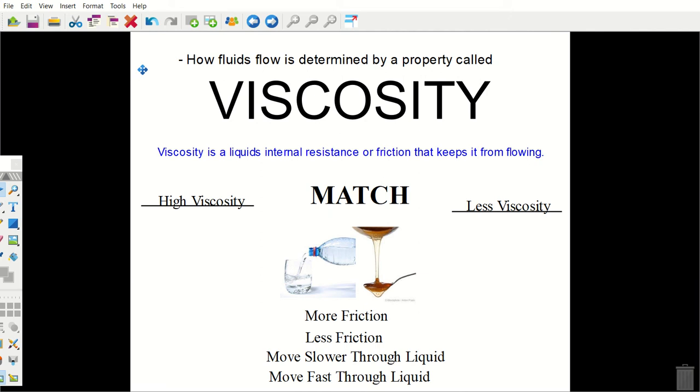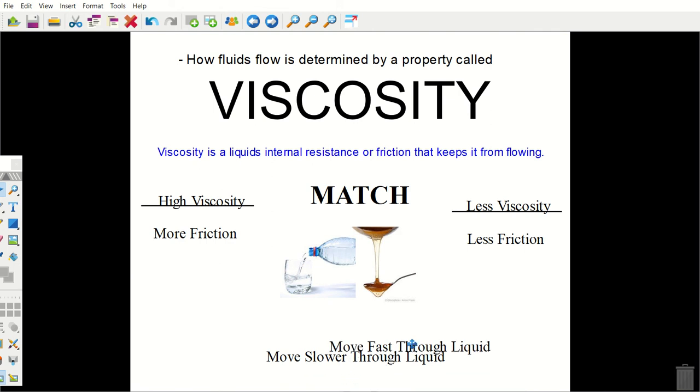In other words, viscosity effectively means, in layman's terms, how thick a fluid is. If a fluid has more friction within it, it is more viscous. It has more internal resistance. If it has less friction, it is less viscous. It has less internal resistance. If something does not have a lot of internal resistance, nothing's holding things back from moving through it, so you would move through that liquid very quickly.